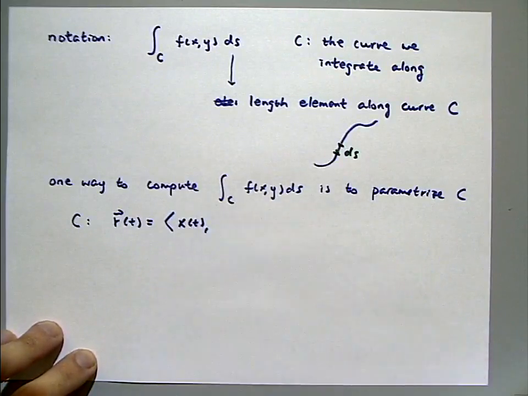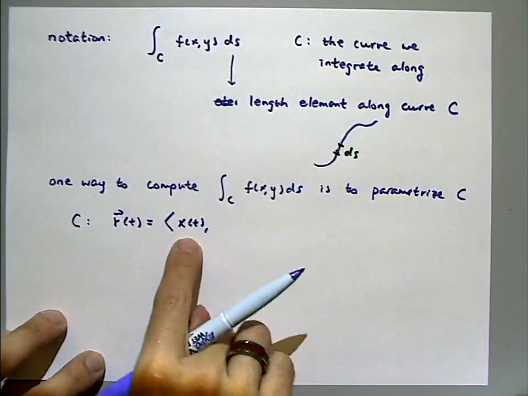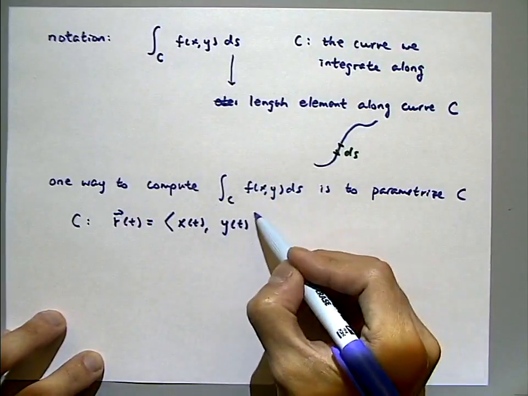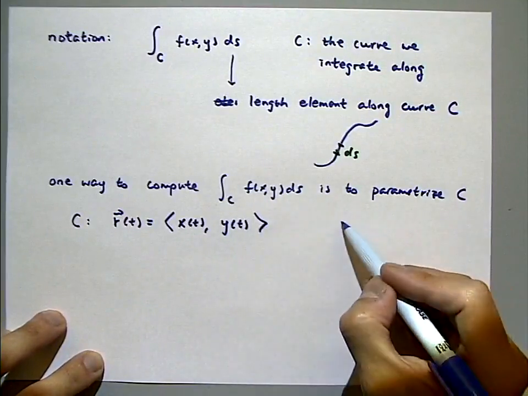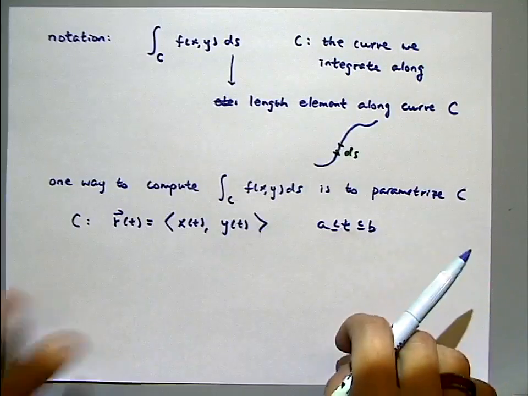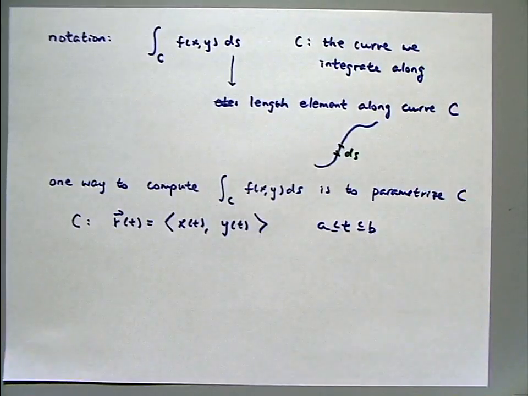The x component is some x as a function of t, and the y component is some y function of t. And we allow t to go from some a to some b. All right, so we parameterize this curve C as a space curve with t being the parameter.